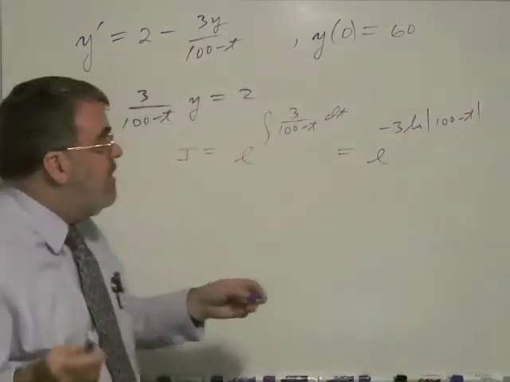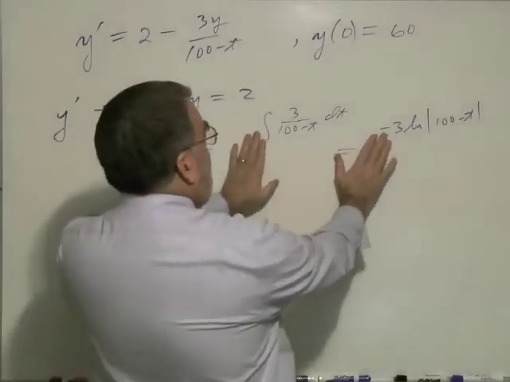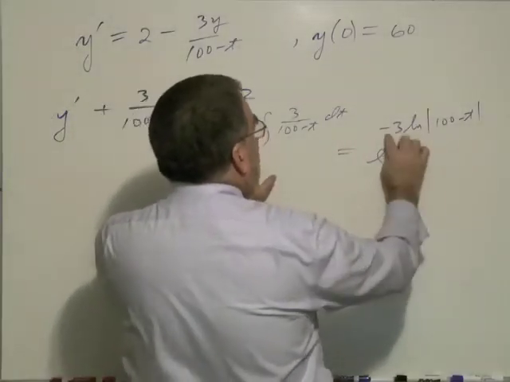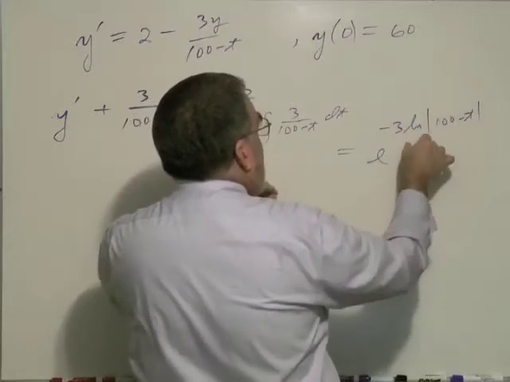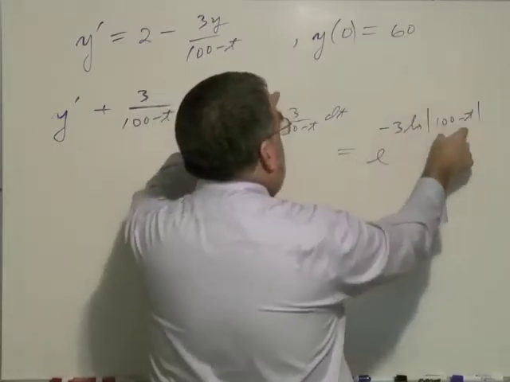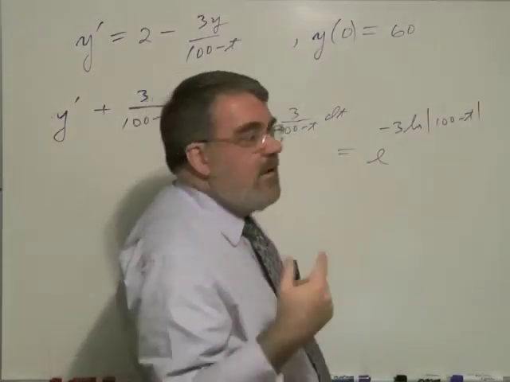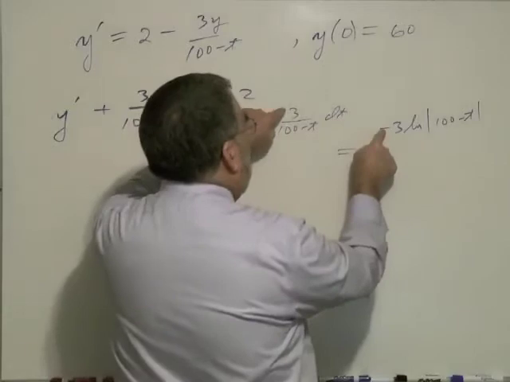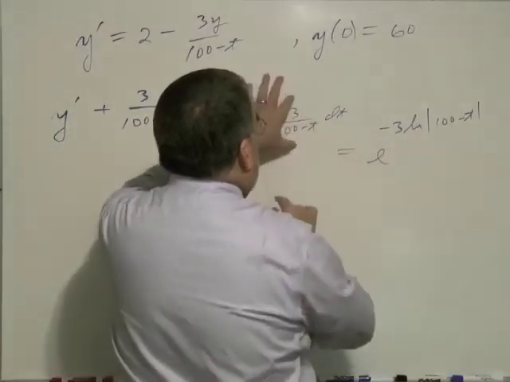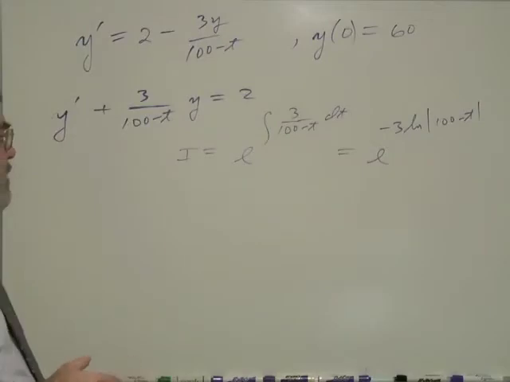So is that correct? Let's check it. Ignoring the e here, if I take the derivative of this part right here, I have negative 3 times 1 over 100 minus t times the derivative of 100 minus t, which is negative 1. So this negative would cancel with that negative, leaving a positive. So that's the correct integration.